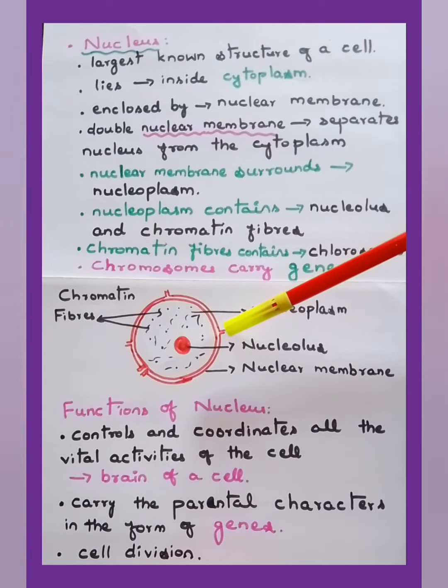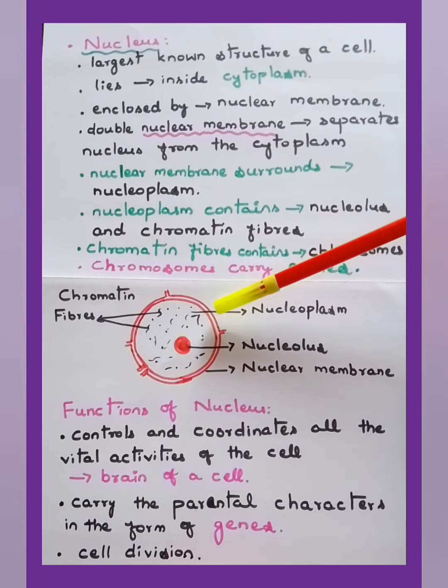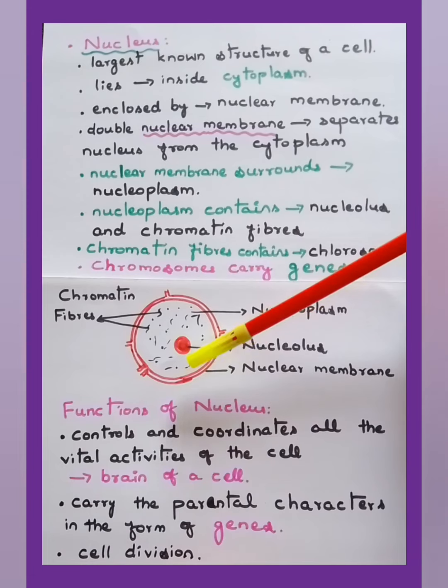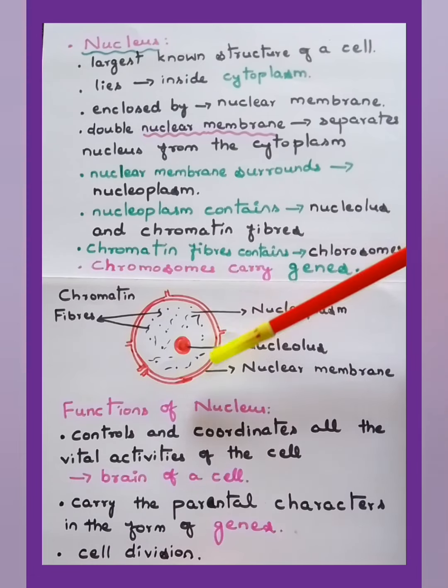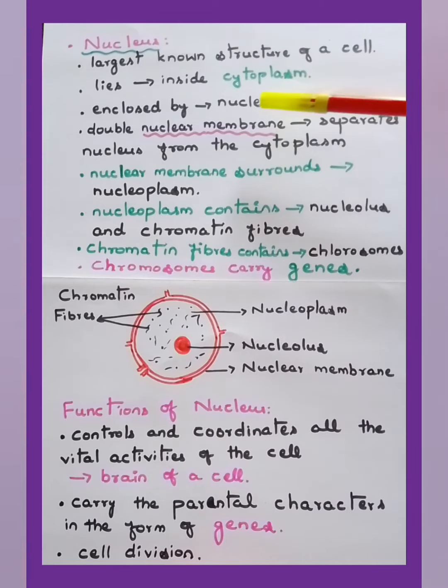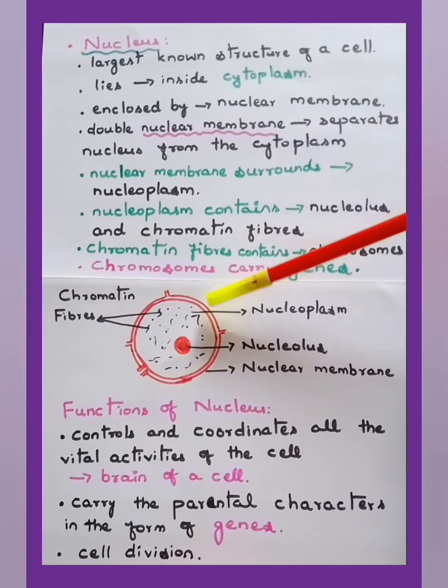So nucleus lies inside the cytoplasm. Here around this there will be a liquid called cytoplasm. Then this nucleus is enclosed by double membrane called nuclear membrane. And this double nuclear membrane separates the nucleus from the cytoplasm. Outside there will be cytoplasm, and this nuclear membrane separates the nucleus from the cytoplasm.